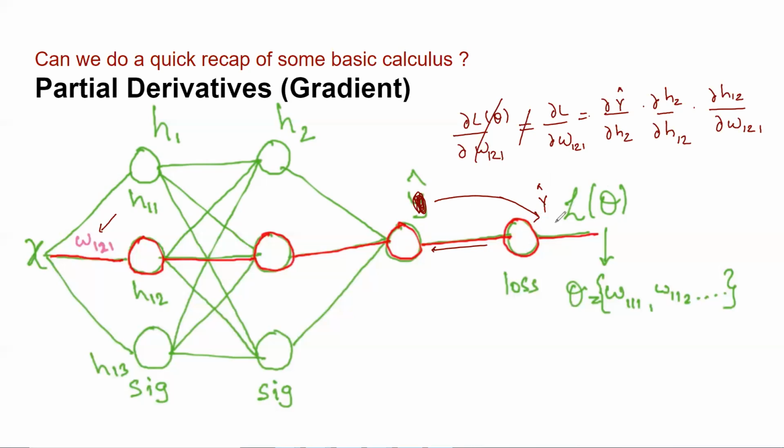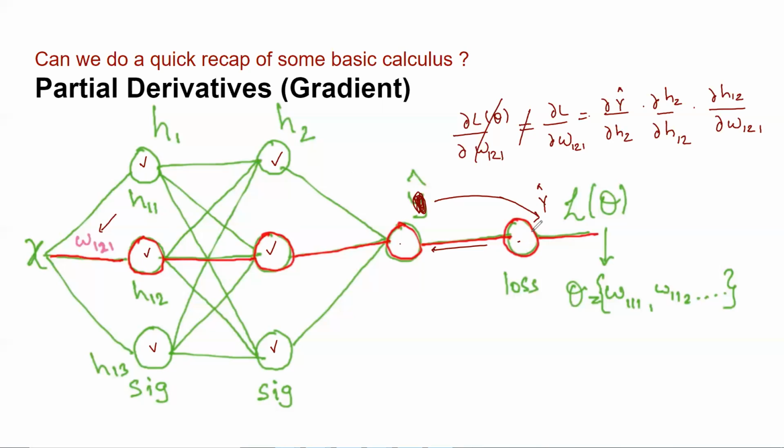So this y hat, if I see this loss computation, has the effect of this neuron. This neuron has the effect of this neuron, and again this neuron is getting the input from these three neurons. And this neuron is getting the effect from these three neurons.